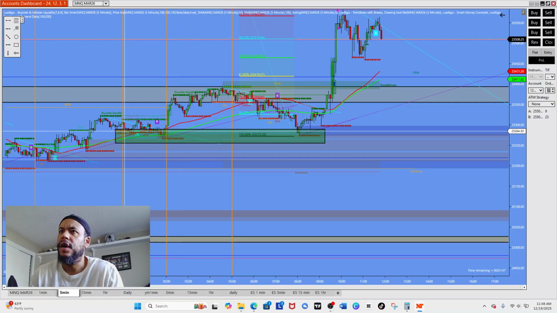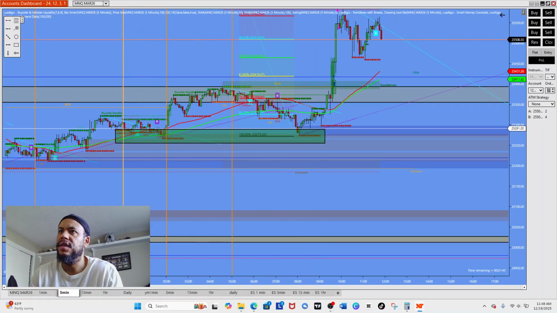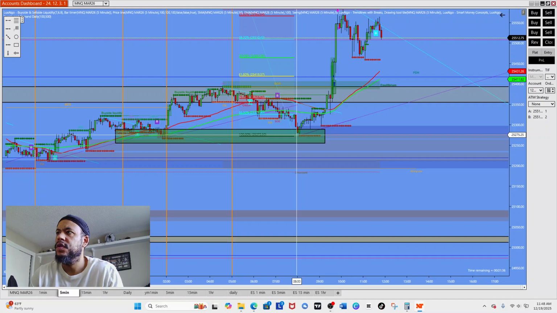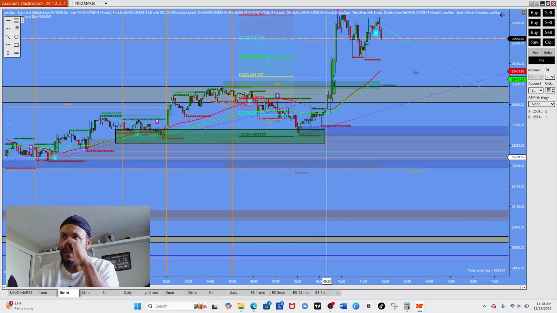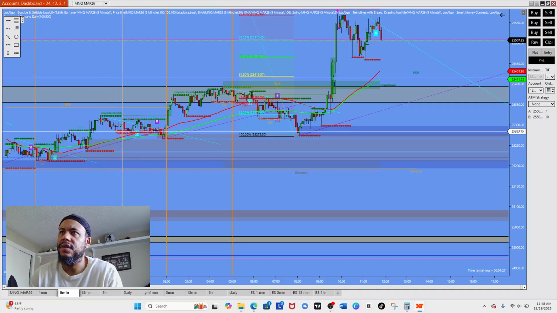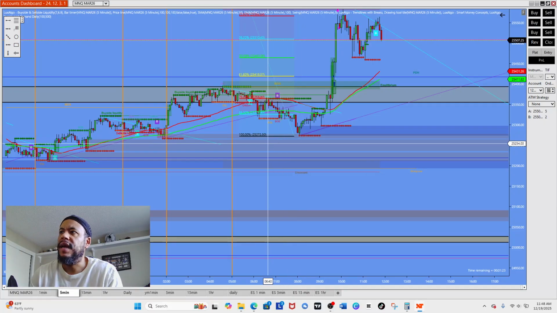So I look for common areas of interest when it comes to the swing lows, and this area right here grabbed my attention, let's just say that. From all the back testing, we had multiple areas of interest right here, these swing lows. So that's how I start.